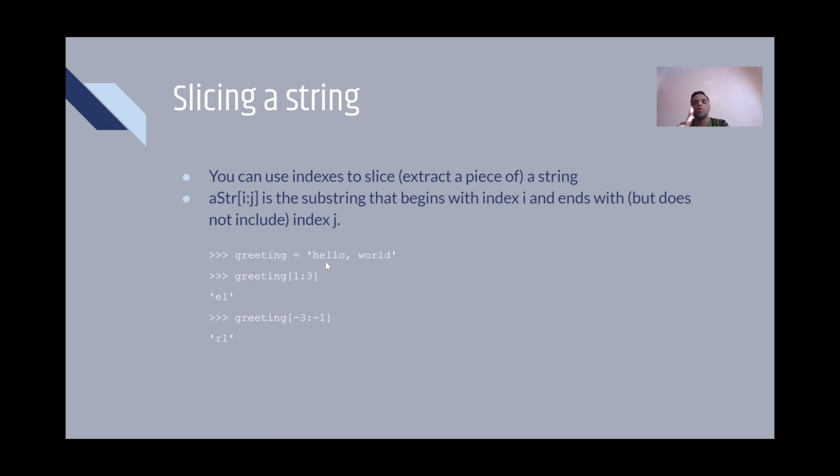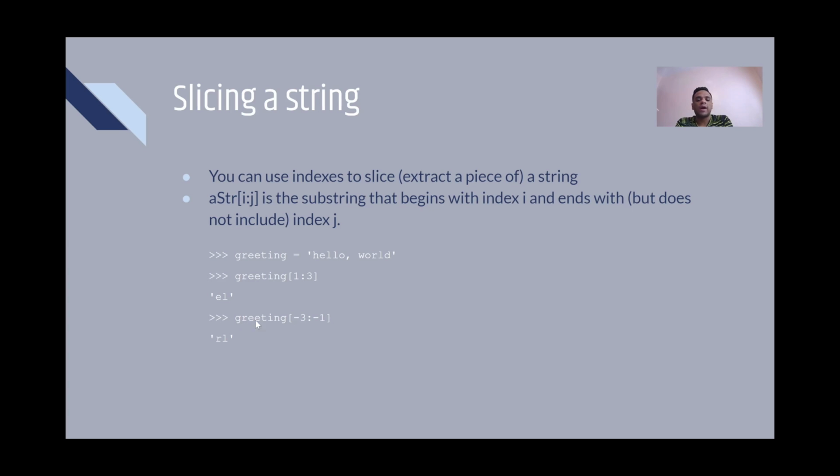So we have to go one more up. We say 1 colon 3, and now when we print it, it's just going to print E and L. It's going to go index 1, index 2, index 3, but it's just going to cut off right there and print out the EL, which is what we wanted. So that's how you could slice.